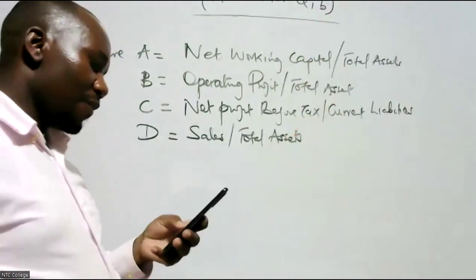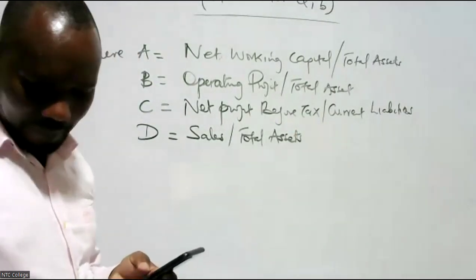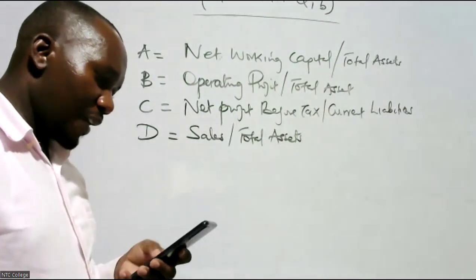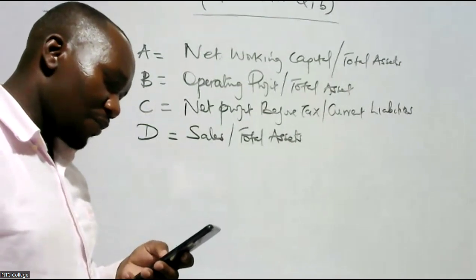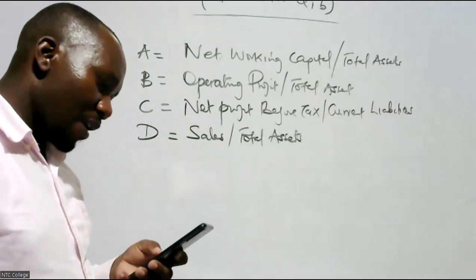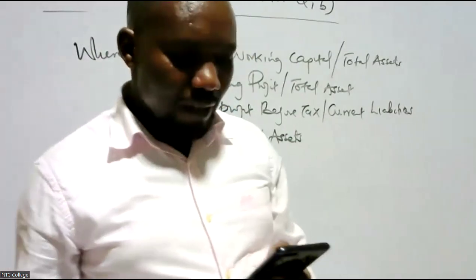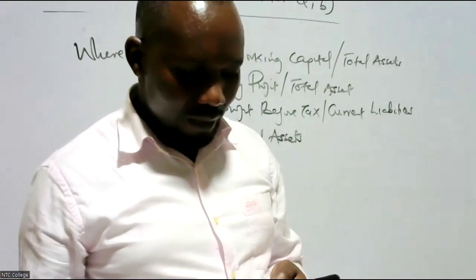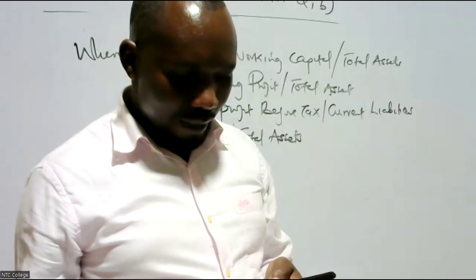The question says that the following data relates to Kaban, a company that operates in the manufacturing sector for the year ended 31st December 2020. We have sales, total assets, total liabilities, retained earnings, net working capital, earning before interest and taxes, market value of equity, the book value of total liabilities.